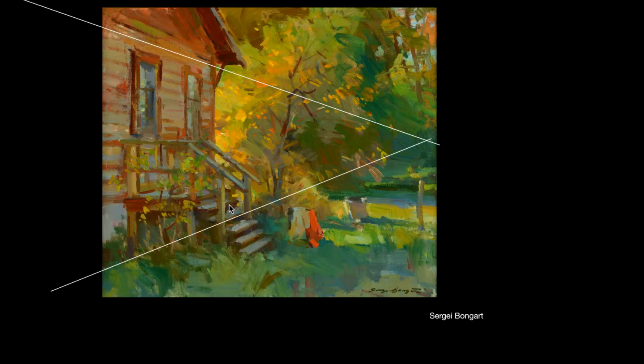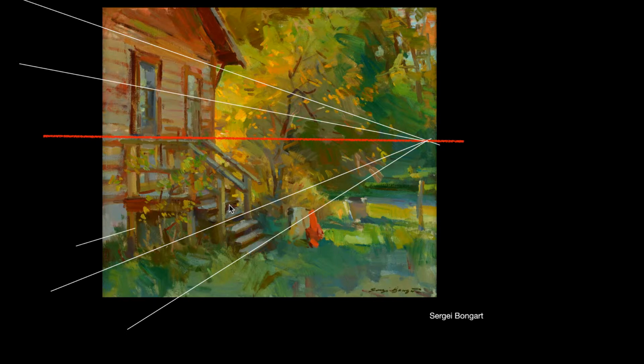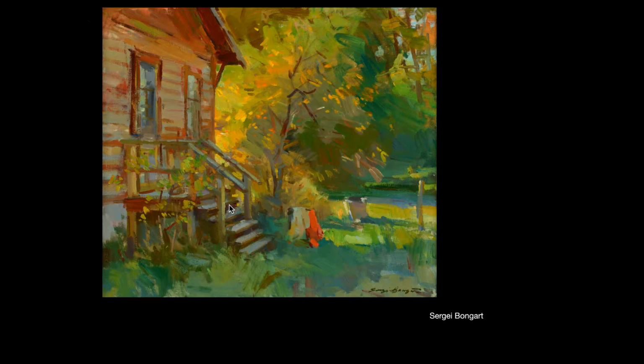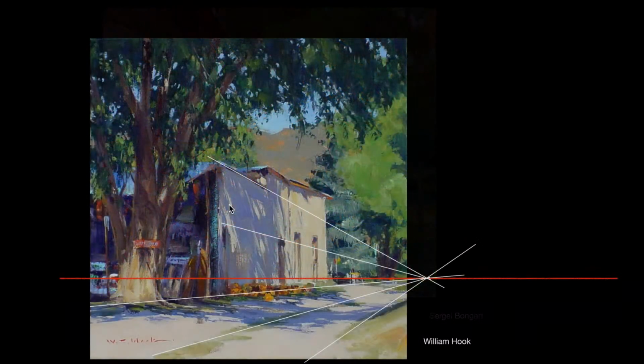I'm following some lines of perspective. Here's his eye level. You can see this building is perfectly in perspective. All of the architectural lines go to a vanishing point, even though it's painted loosely, he has the bones of this painting accurately placed in perspective.